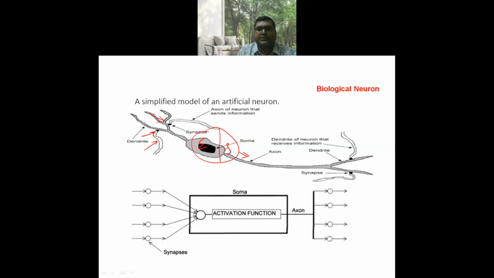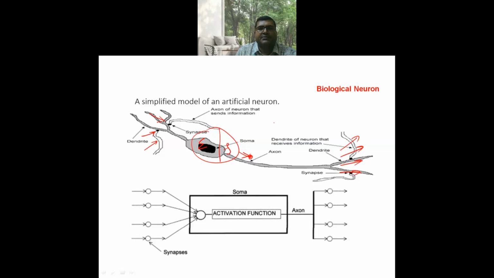If this particular output voltage is above the level of threshold, then the neuron fires, and the same will be processed or forwarded to the other neurons.